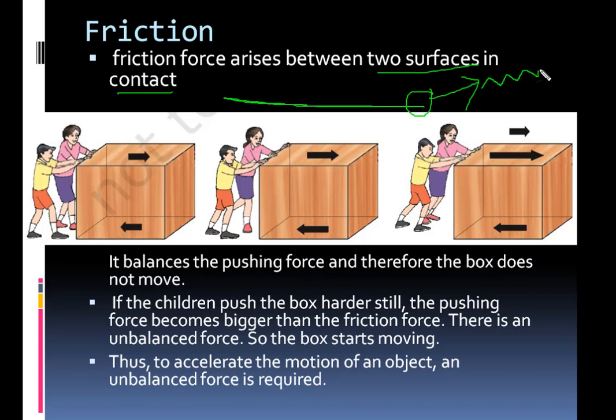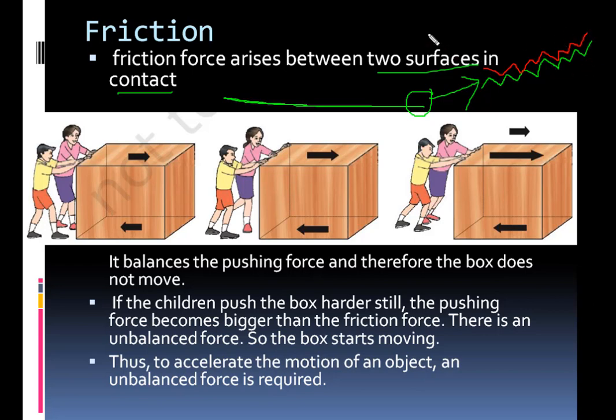It is like this, arranged in a zigzag way. Now whenever there is a contact between two different surfaces, these two surfaces will interlock each other. Okay, these two surfaces will interlock each other.